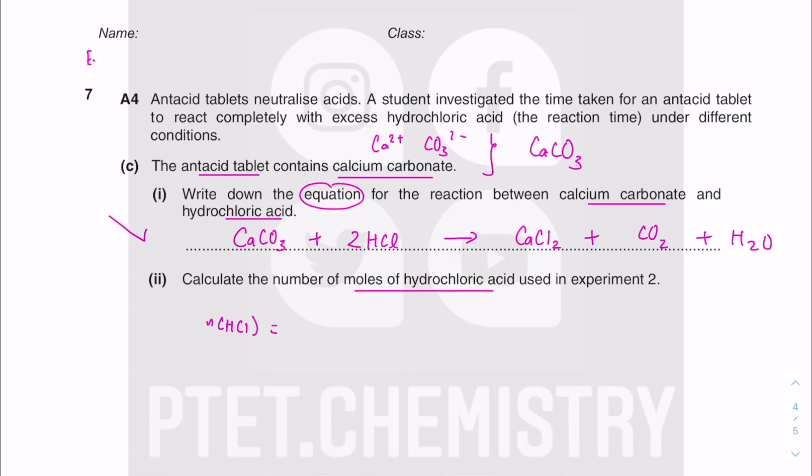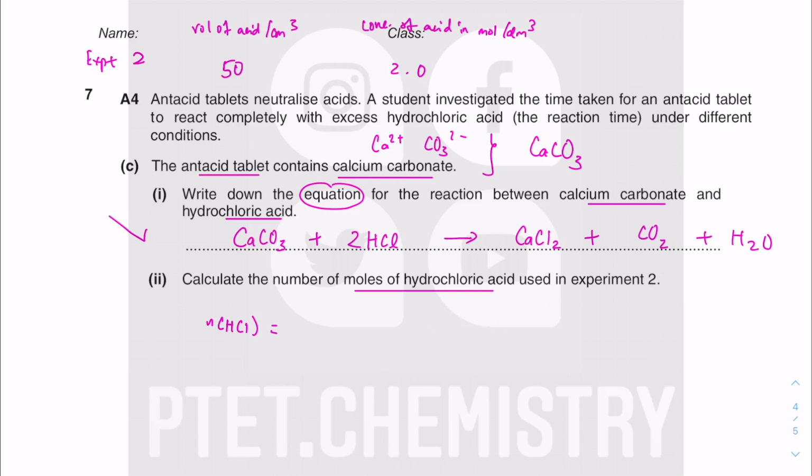So in experiment 2, you have volume of acid in cm cube, which is 50, and then you have concentration of acid, given in mole per dm cube, and it is 2.0. Based on this information for experiment 2, the acid that we used was HCl.